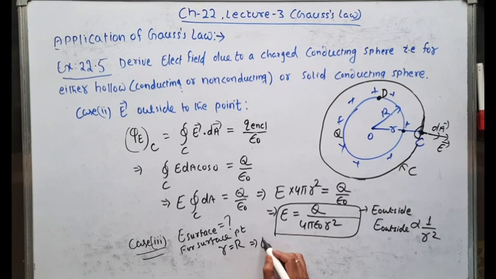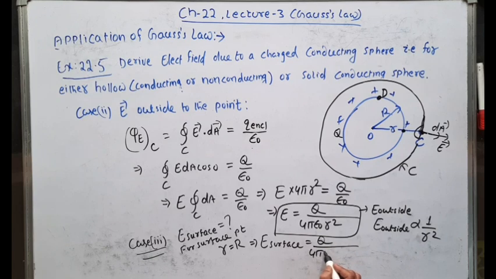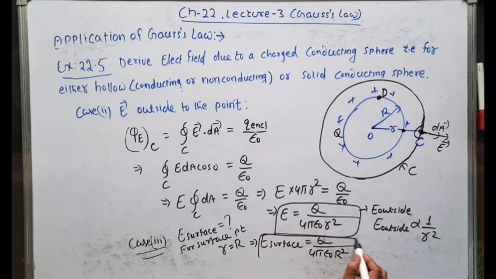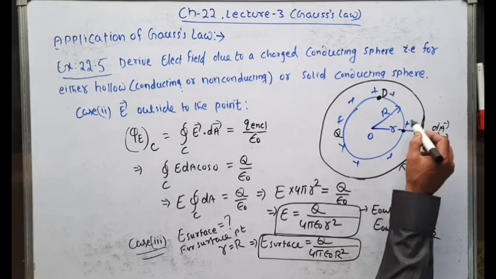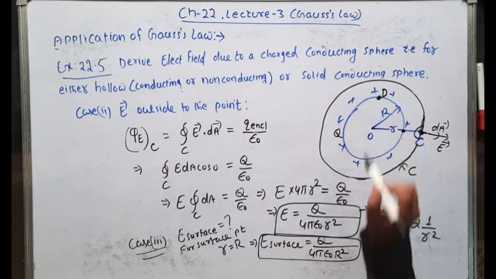So now you put small r equal to capital R. What is the electric field intensity on the surface? It is equal to Q divided by 4 pi epsilon naught R square, where small r is replaced by capital R. This is the electric field intensity on the surface. And you see, inside the spherical conductor the electric field is 0.